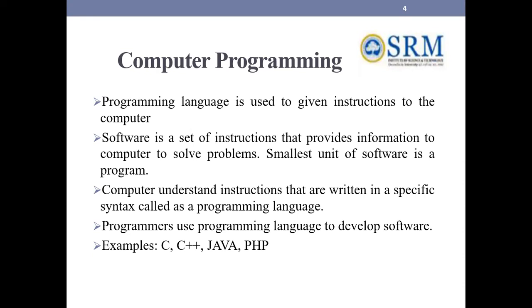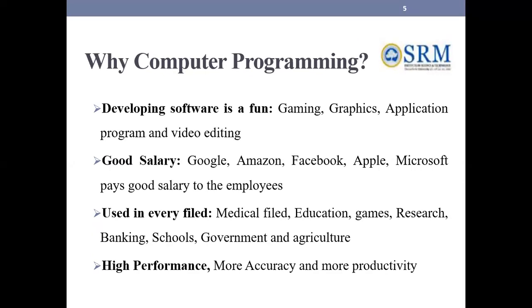And programmers use programming languages to develop software. So a programming language can be used to develop programs that can solve human problems. For example, C, C++, Java, PHP are examples of programming languages that can be used for developing computer programs.